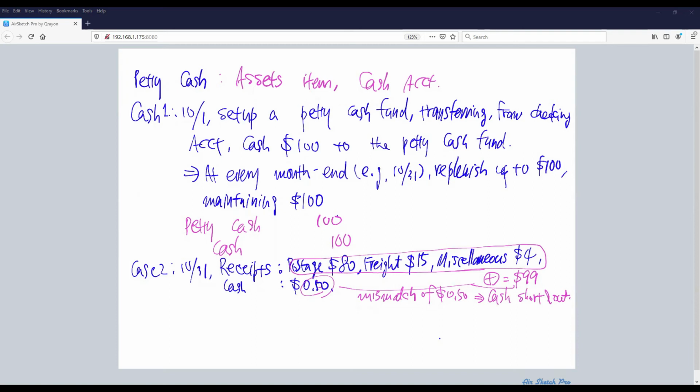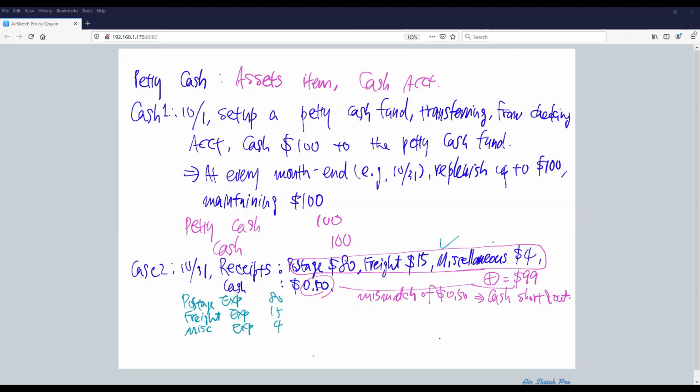First of all, you should record all of these expenses: postage expense, freight expense, and miscellaneous expense, right? And then what else you should do? $80, $15, $4.